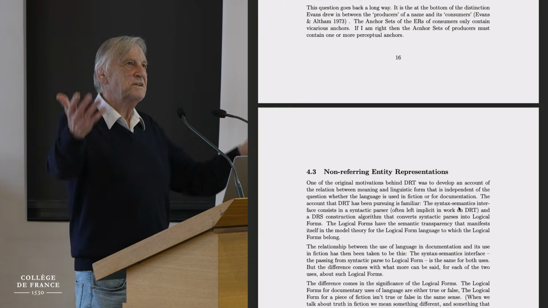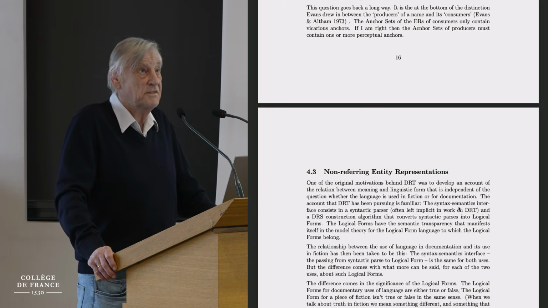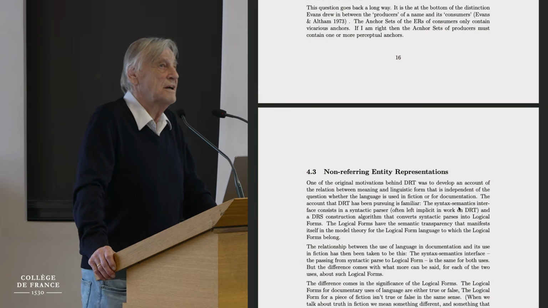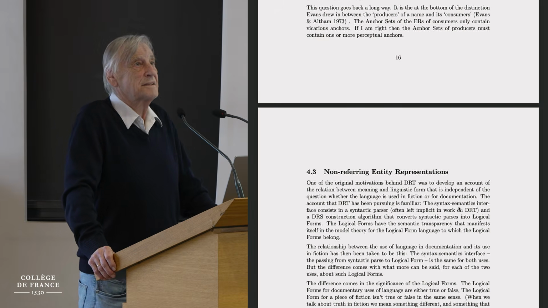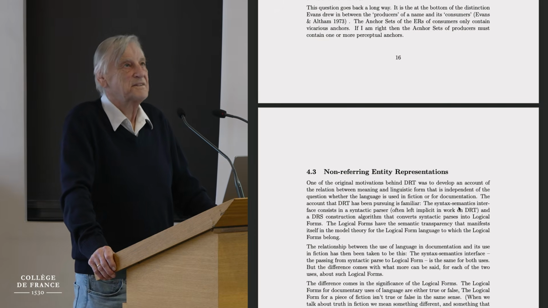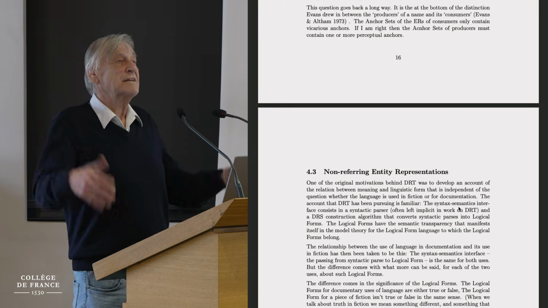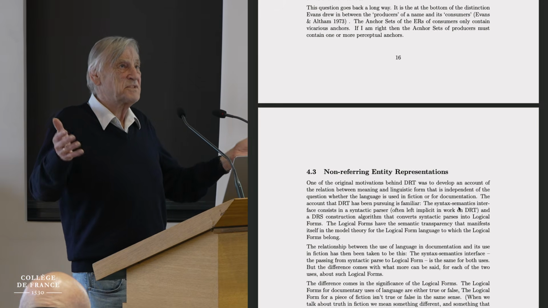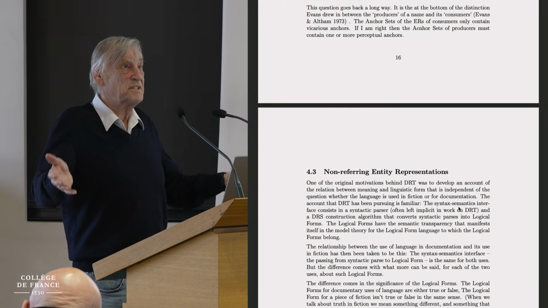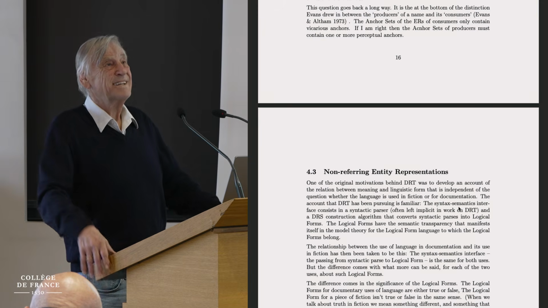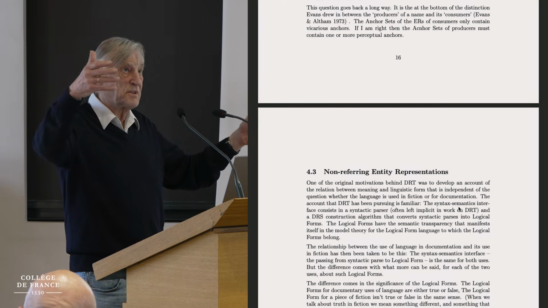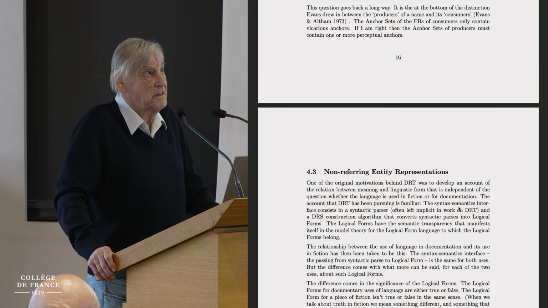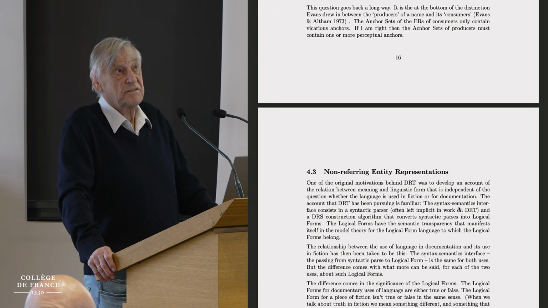When we build a semantic representation for a piece of fiction, all these individuals that the fiction talks about, Hamlet or Othello or Cassius or whoever, and if it's right that the processing of such discourses proceeds in very much the same way as we process discourses about the real world, then these representations of fiction also should involve the introduction of entity representations for the various protagonists of the story.